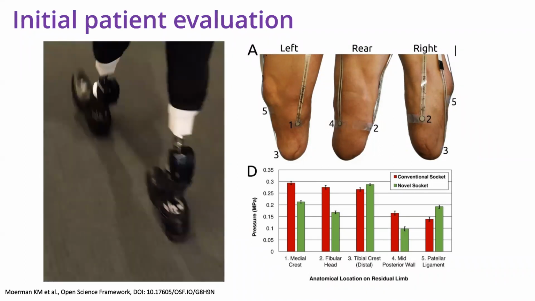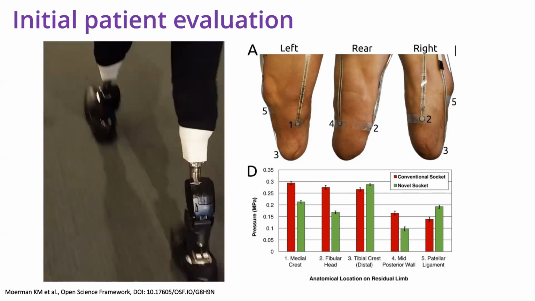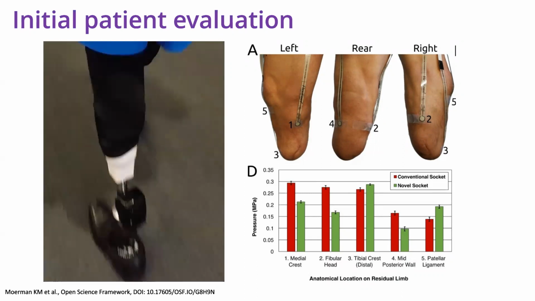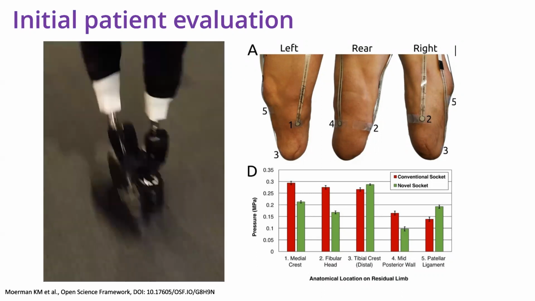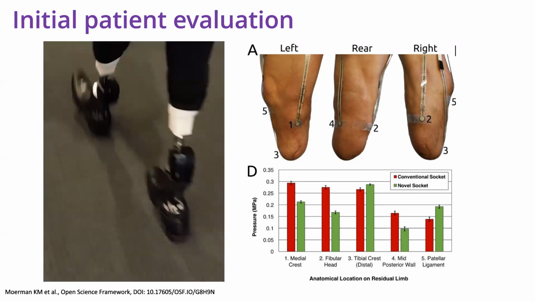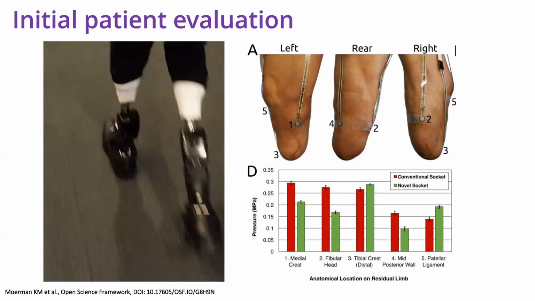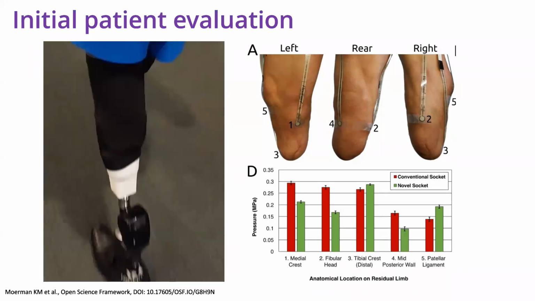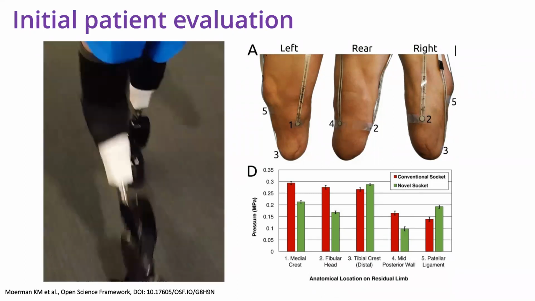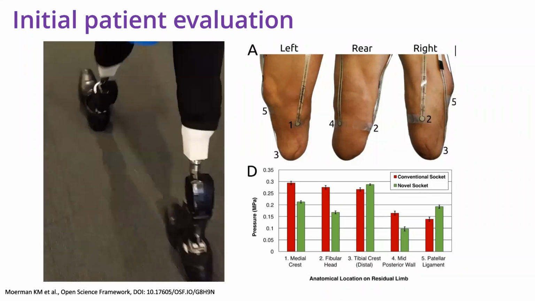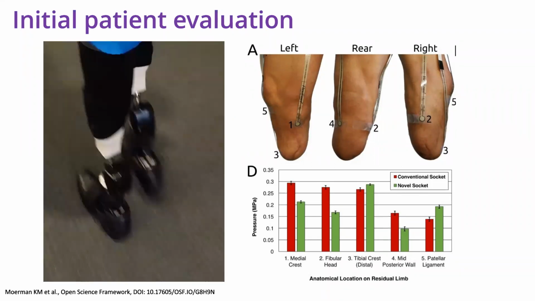I think it was 3 millimeters for these simulations. So that's called pistoning. As you sit into a socket, there's a pistoning happening, right? And that pistoning we limited at 3 millimeters. At that level, we should counter body weight.